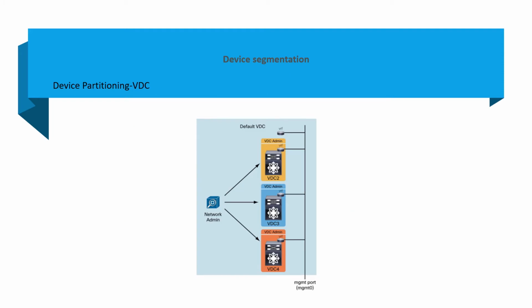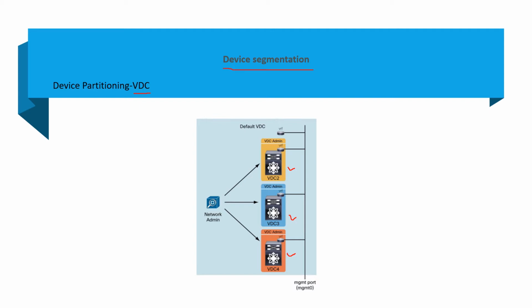We can also achieve isolation by doing device segmentation. For example, if you are running the Nexus series of routers and switches, you can go for the VDC concept. In a VDC, you can virtualize your chassis into different contexts. In one context, you might be hosting one customer, in a second context you might be hosting a second customer, and in a third context you might be running some different services.